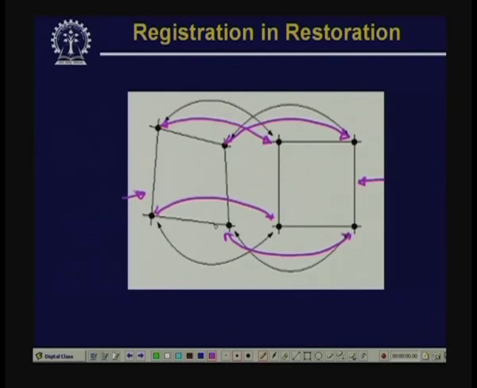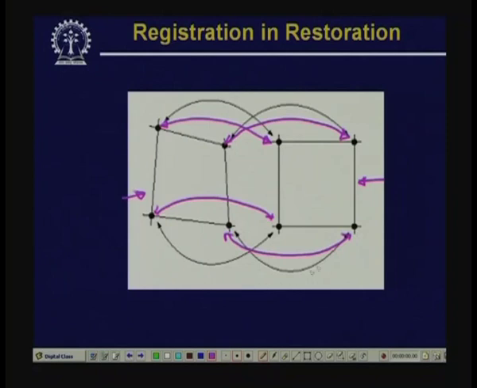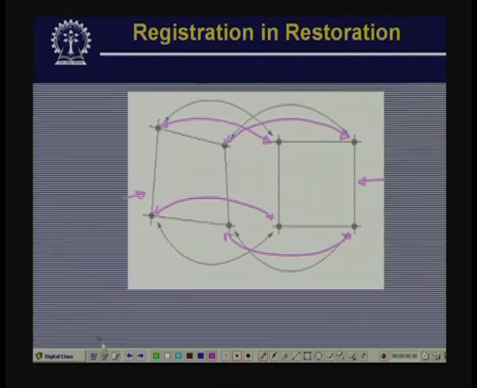So, here you find that for estimating this degradation, we have to go for registration. So, this registration is also very, very important for restoring a degraded image where the degradation is introduced by the camera optical system. So, the kind of restoration that can be applied here is something like this.